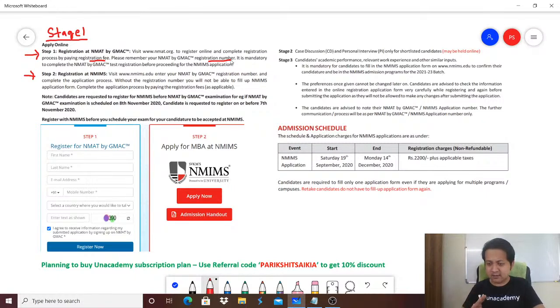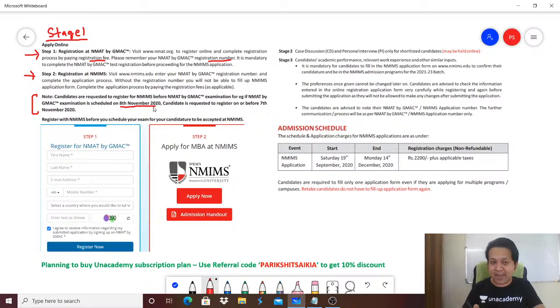Once that is done, it is essential that before you take the test, let's consider this example that I mentioned here. If you have scheduled the test for the 8th of November 2020, it is essential that you apply for NMIMS Mumbai campus separately, by paying a separate fee.